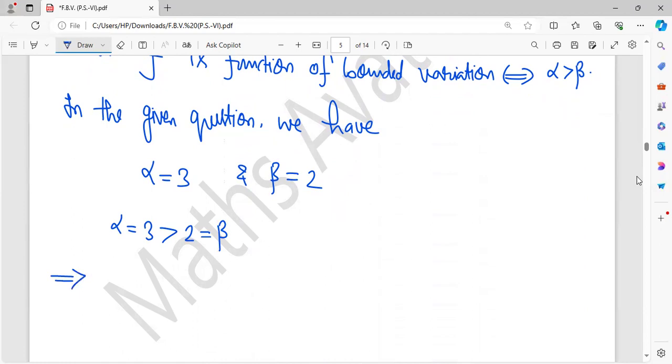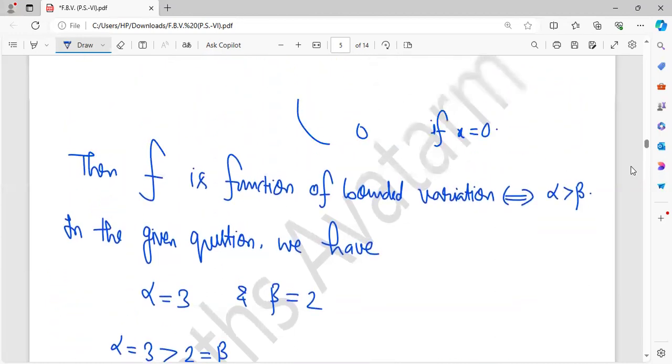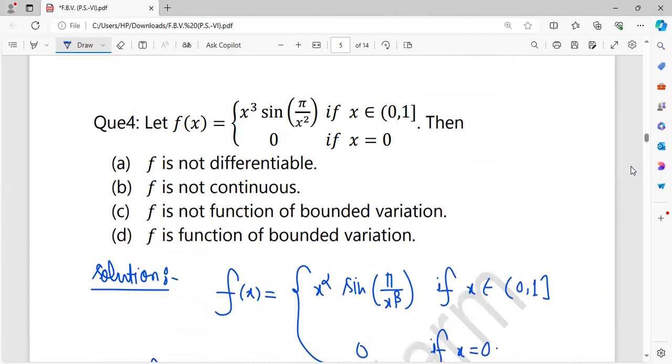So this implies f is a function of bounded variation. Which option is correct? Option number D is correct.